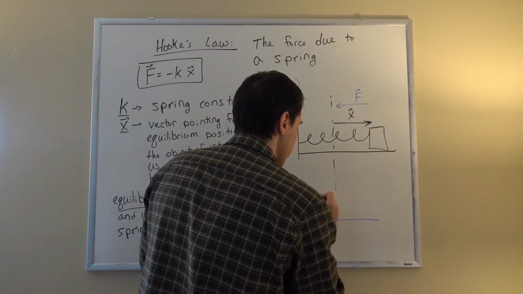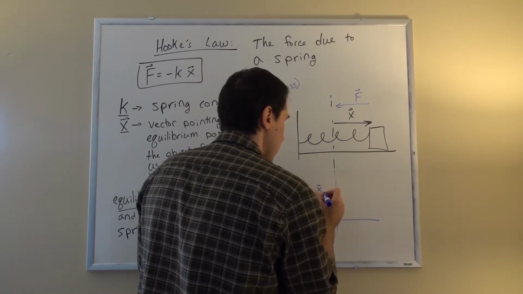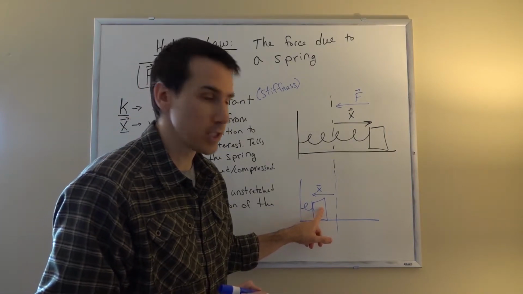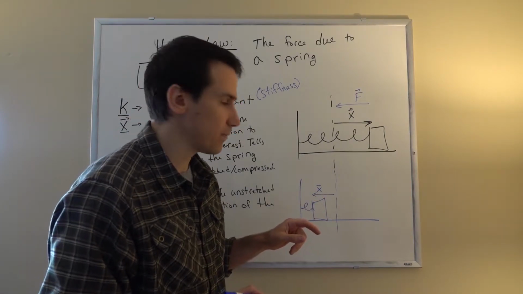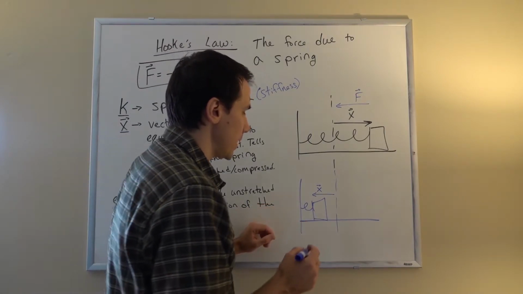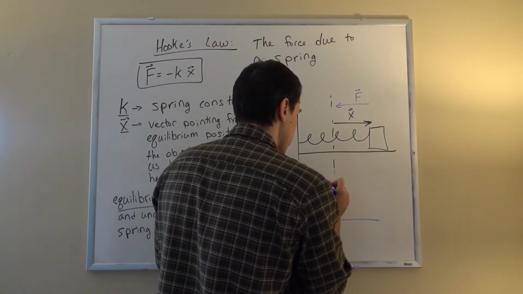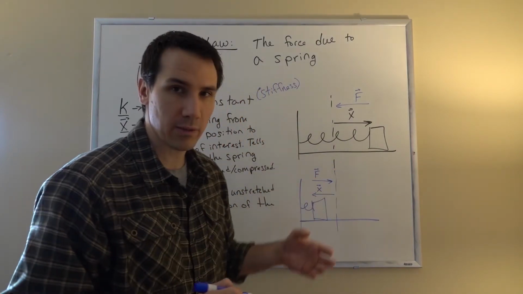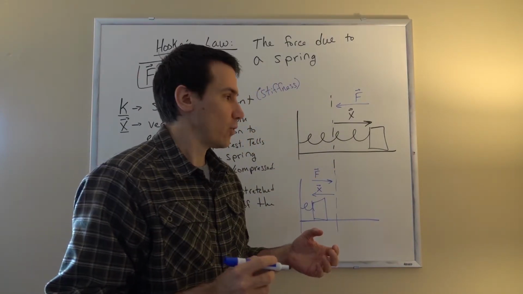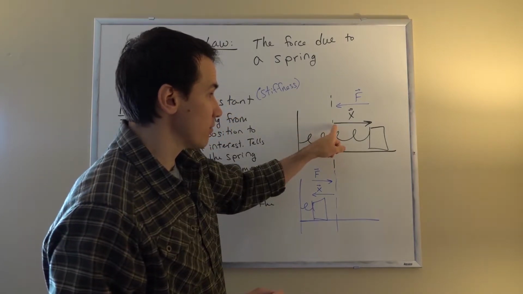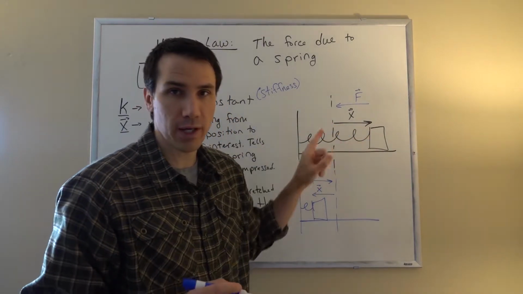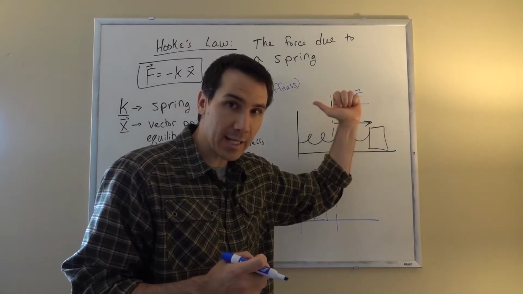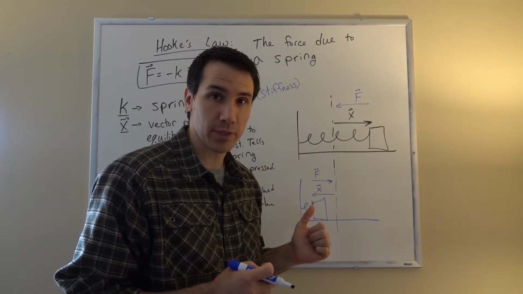So my x vector points from the equilibrium position to the location of my object. So this is my x vector. And my force vector points back toward the equilibrium position. So x always points from equilibrium position to the object, and the force always points back toward the equilibrium position.